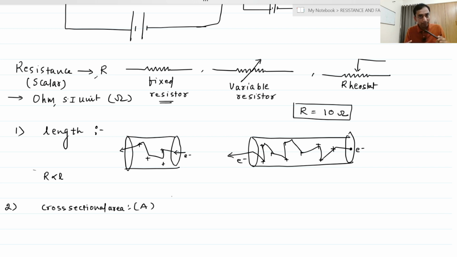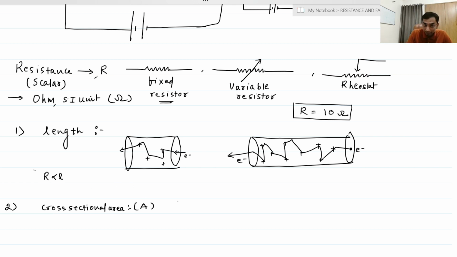So you can just imagine that if the door is small and in a room there are 10 people, and the door is open and all 10 people rush through the door outside, then the number of collisions between all of them will be very large, right? They won't be able to go out of the small door very easily, because there is a lot of collision between them. In the same way, when the cross-sectional area is very small, a larger number of electrons, when they try to enter, collide with each other, and their internal collision also leads to resistance.